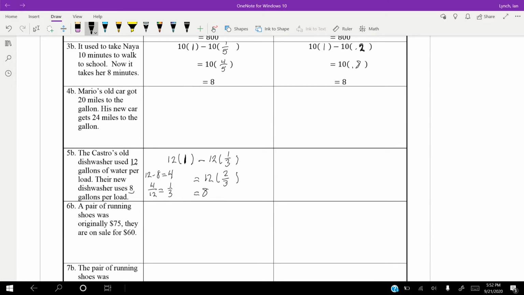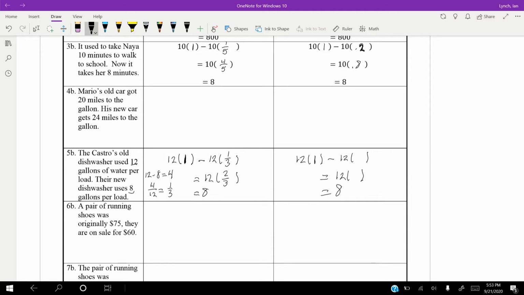Now over here, looking at the percents, we're going to set up the same way. We're going to have 12 times some number minus 12 times some other number is equal to 12 times something else, which equals 8. So we know it's going to be 12 times 1 to begin with, because we have that 12 originally. That 1 just means we have the 12 in the beginning.